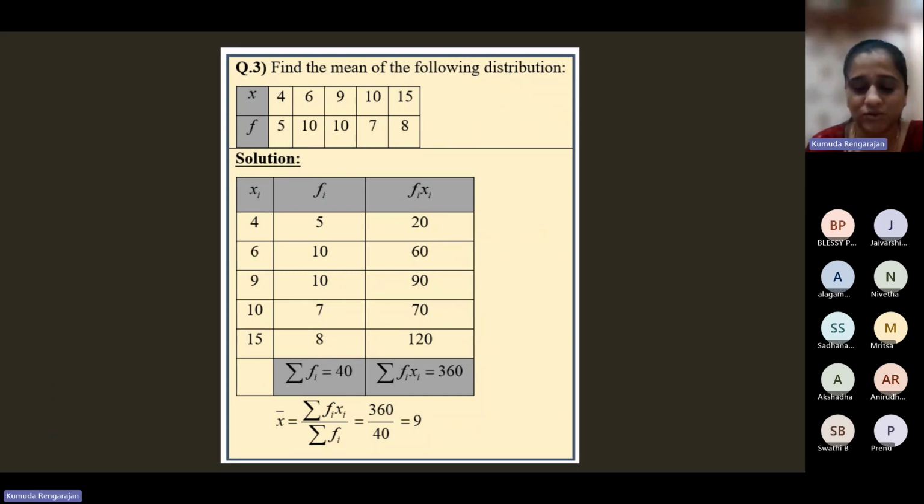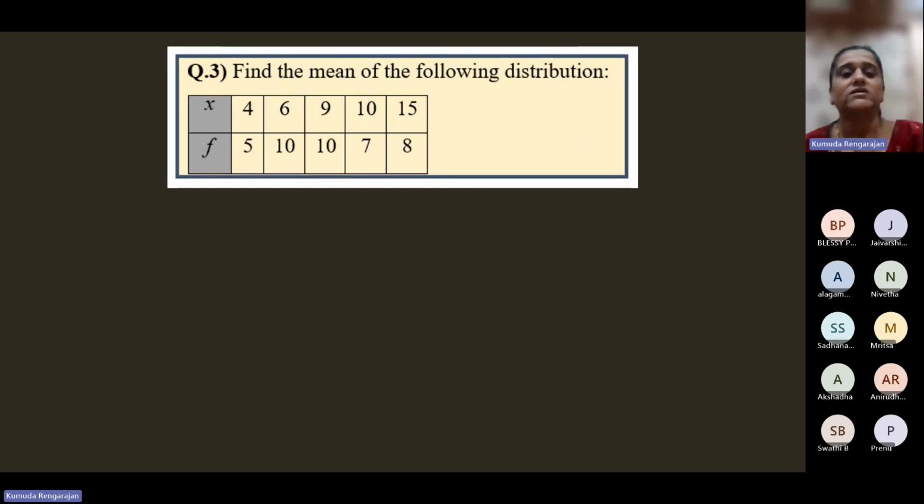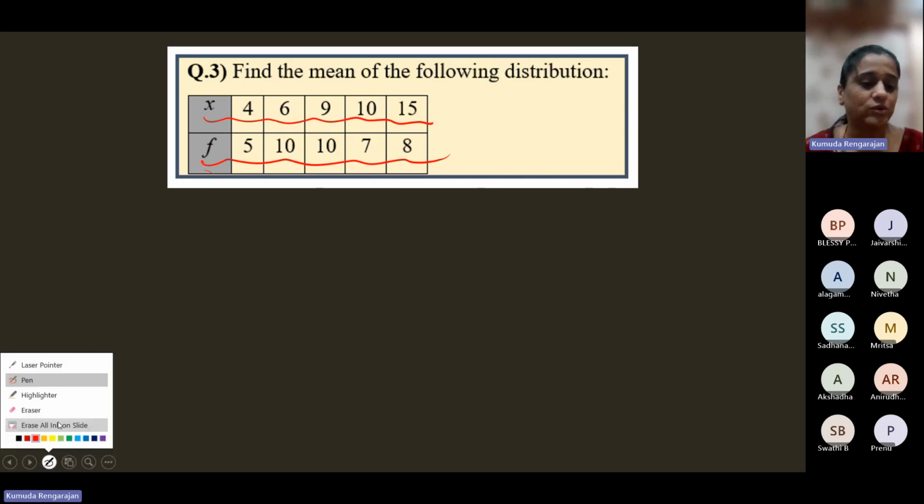Now this one is an ungrouped frequency distribution. It is a frequency distribution because you can see the frequencies here, and it is ungrouped because we have the X values straight away. We don't have the class intervals.